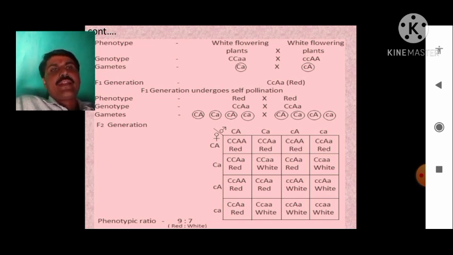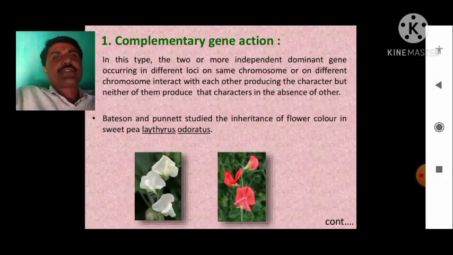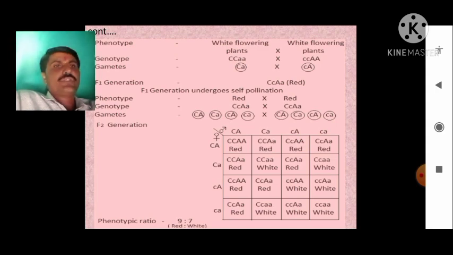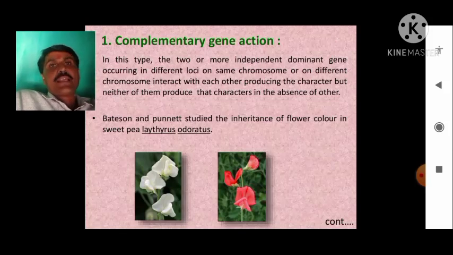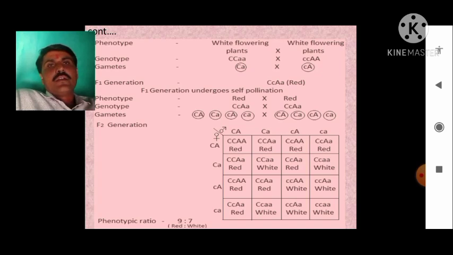Phenotypically, red flowers were 9 in number and the rest were 7. That means in complementary gene action, the white flowers were not dominant in the F1 as well as the F2 generation. They were suppressed somewhere, and the genes were not allowed to express in this situation.